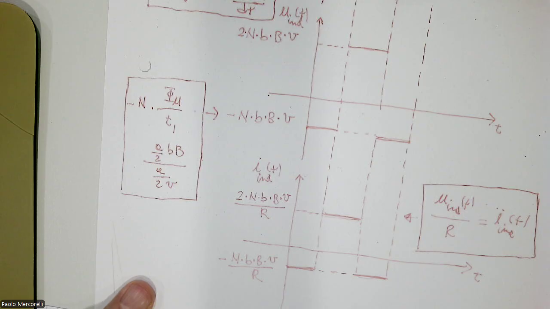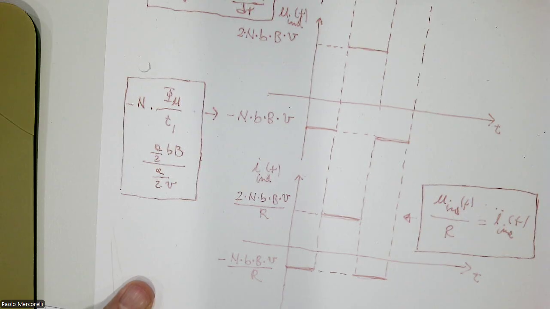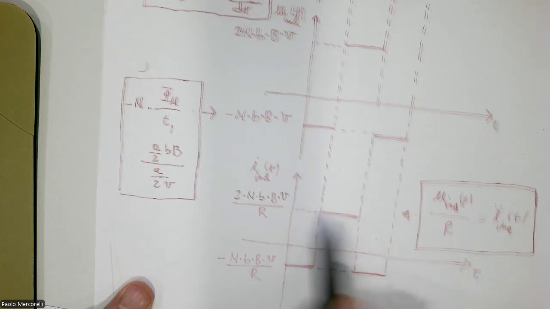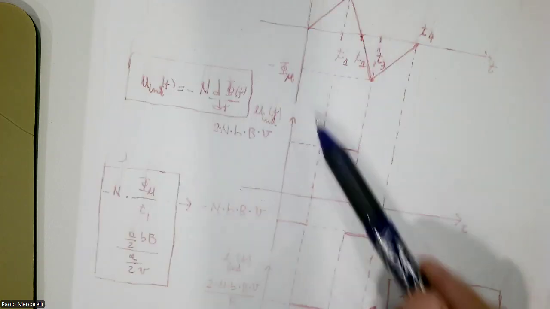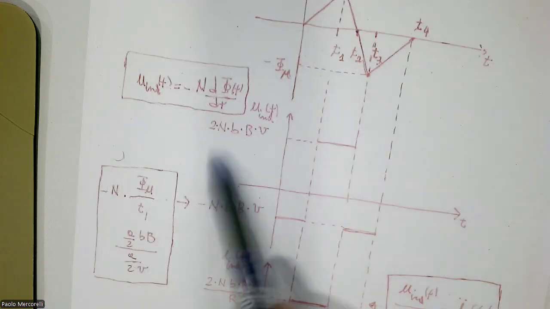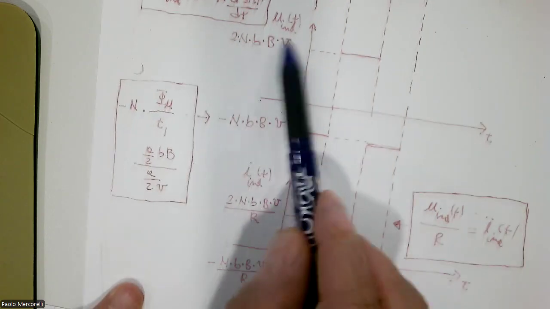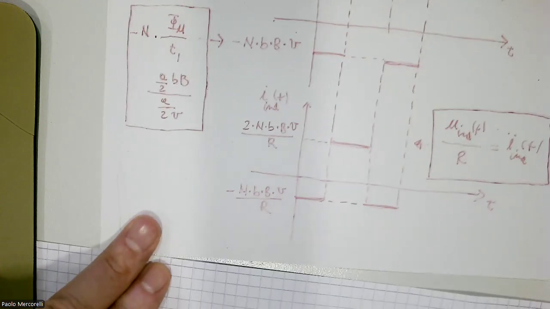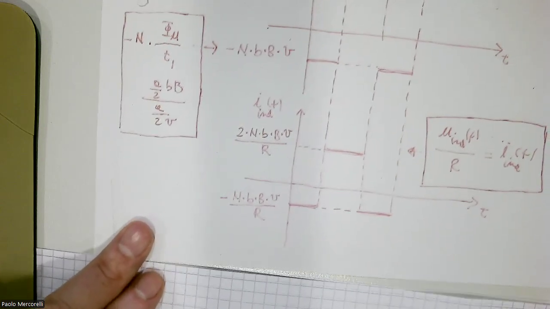This is the induced current which is generated by this induced voltage. The shape is the same. It's twice, but anyway, I have to divide this graph by R with the corresponding value. We can see that we have this element here divided by R, this element here divided by R. No problems to calculate or to graph the induced current.